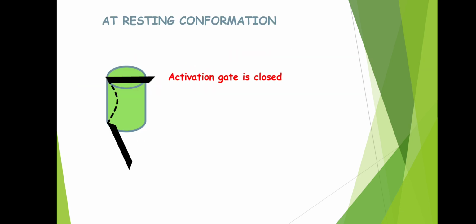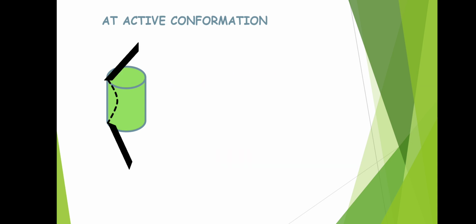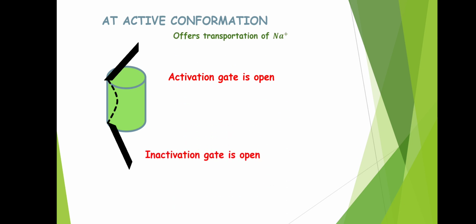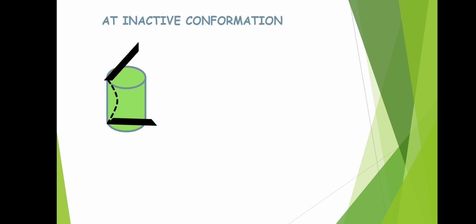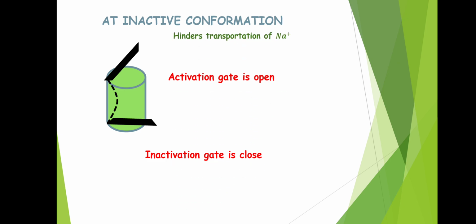At resting conformation, activation gates are closed and the inactivation gate is open. At active conformation, both activation as well as inactivation gates are open, and this will allow transportation of the sodium ions. Next, in inactive conformation, the activation gate is open, the inactivation gate is closed, and this will hinder the transportation of sodium ions.